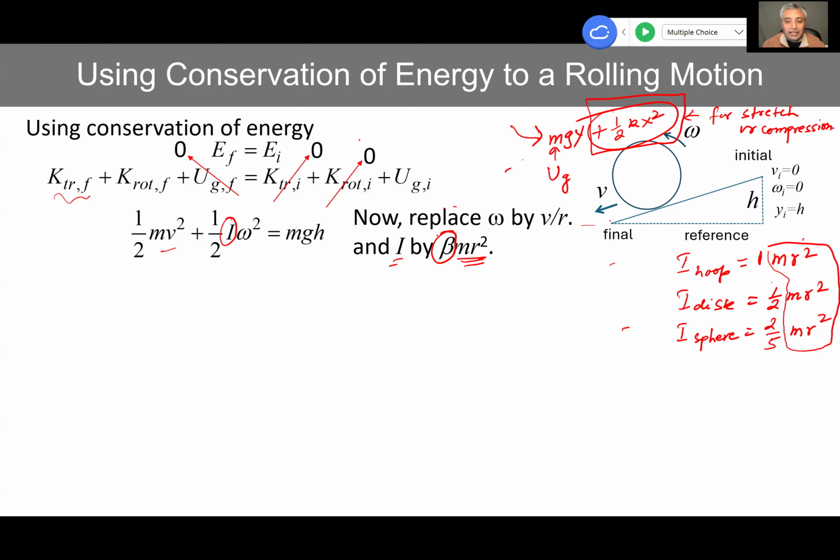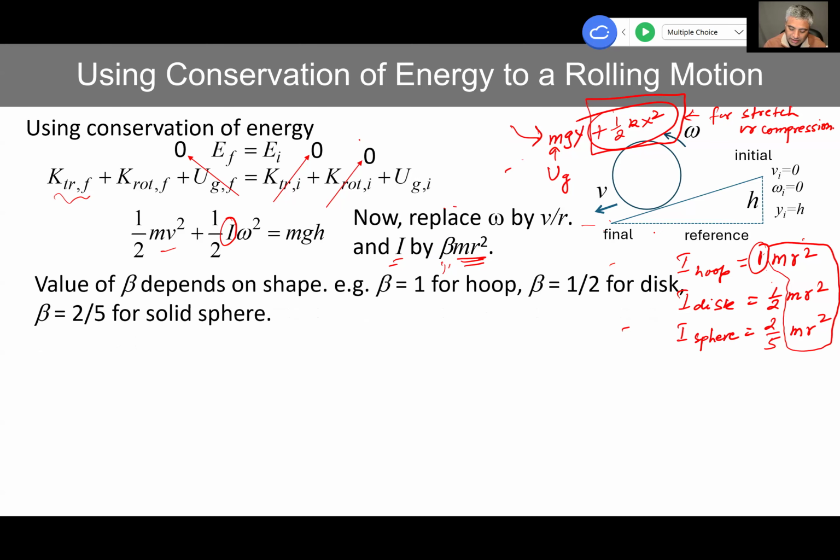When we know this object is a hoop, beta is 1, because the number in front of mr squared is 1. Beta is half for a disk, beta is 2/5 for a solid sphere, and for a hollow sphere it's 3/5, which is still beta.